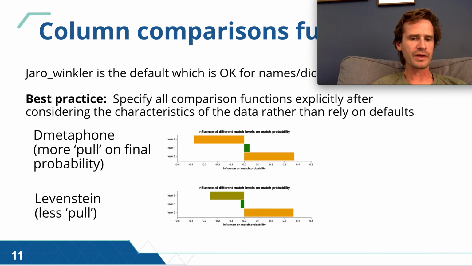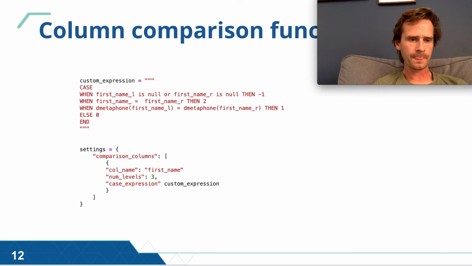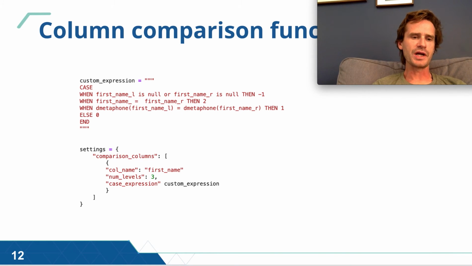We'll probably want something like Jaro-Winkler or Double Metaphone, which are designed for this purpose of comparing names. So how do we do that? Well, in the settings object, we can provide a custom SQL expression that is shown at the top of this slide. And we recommend providing custom case expressions that attempt to maximize the difference between groups.